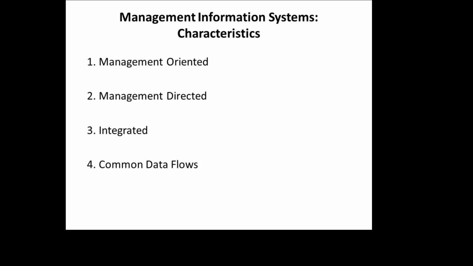Otherwise, MIS should eliminate duplication in data collection, documentation and procedure. So it simplifies the operations and procedures and produces an efficient information system. So common data flows is also one important characteristic of MIS.